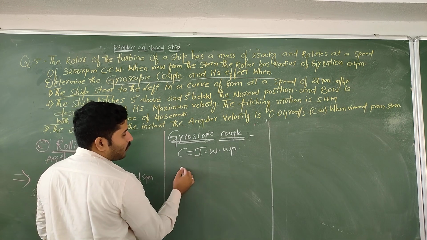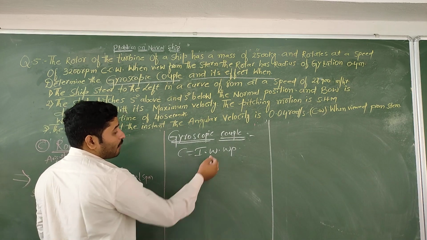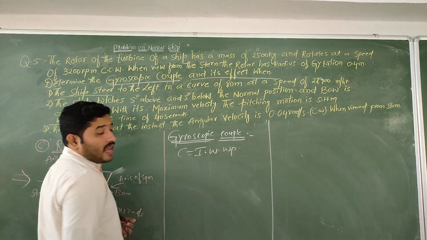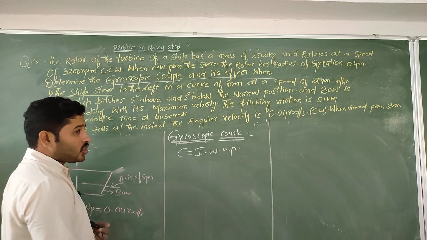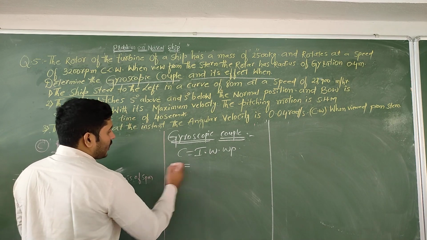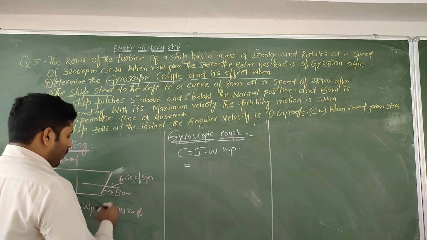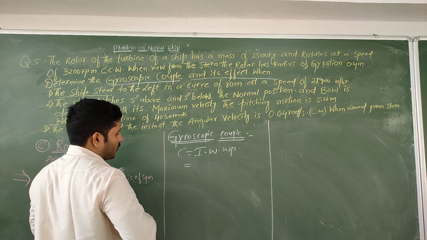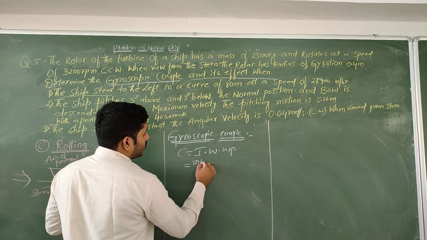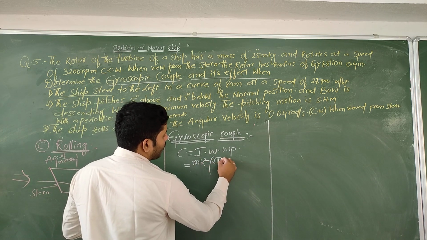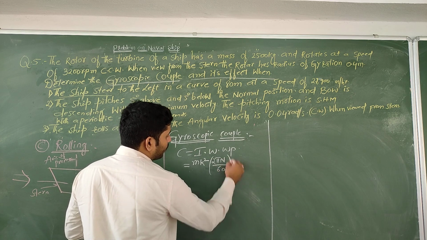I is the mass moment of inertia, omega is the angular velocity of the rotor, and omega p is the angular velocity of precession. Then I is equal to mass into k square, and omega is 2 pi N by 60.